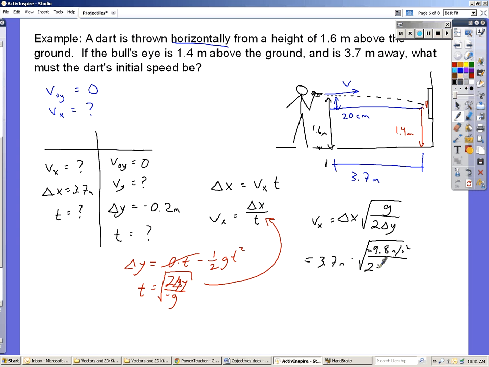Over 2 times negative 0.2 meters. And we'll get a calculator, and we find that the initial speed has to be 18.3 meters per second, which is pretty fast, but not totally unrealistic.